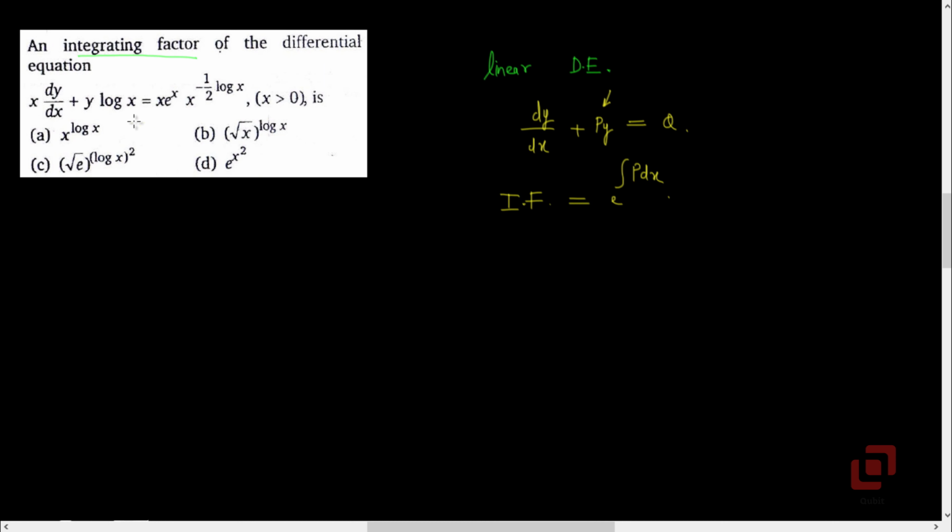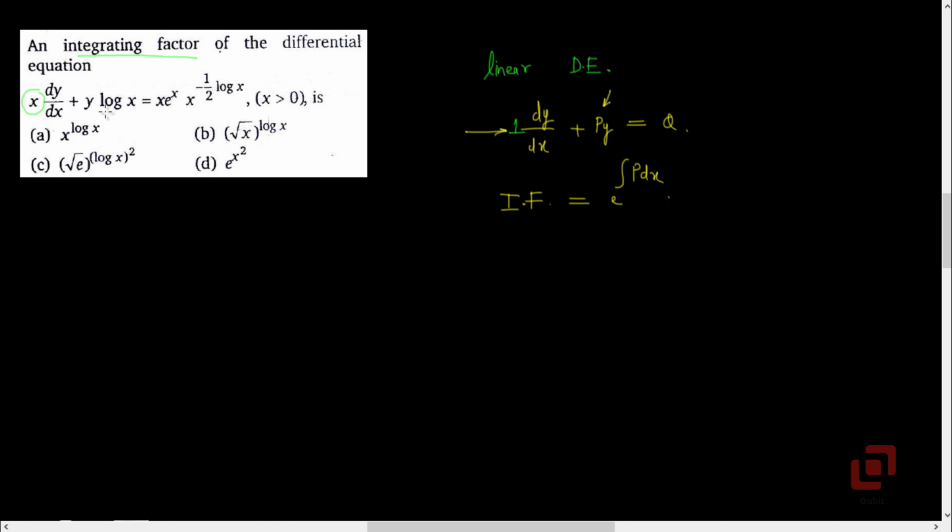If you compare the given differential equation with the standard form of the linear differential equation, you will realize that dy by dx should have coefficient 1, whereas in the given differential equation, the coefficient of dy by dx is x. As x is not equal to 0, we can divide the entire differential equation by x.